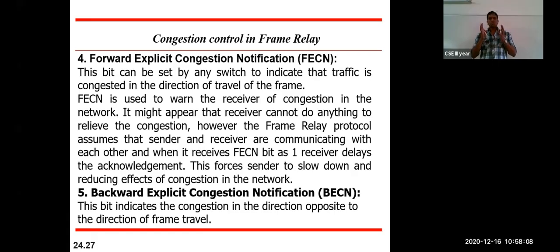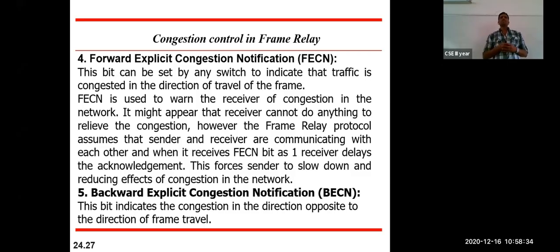If a switch in between or a device in between will set this bit to 1, what will happen? As the frame is going forward, every other node that is receiving this frame will understand that in this path there is a congestion. It is going forward.